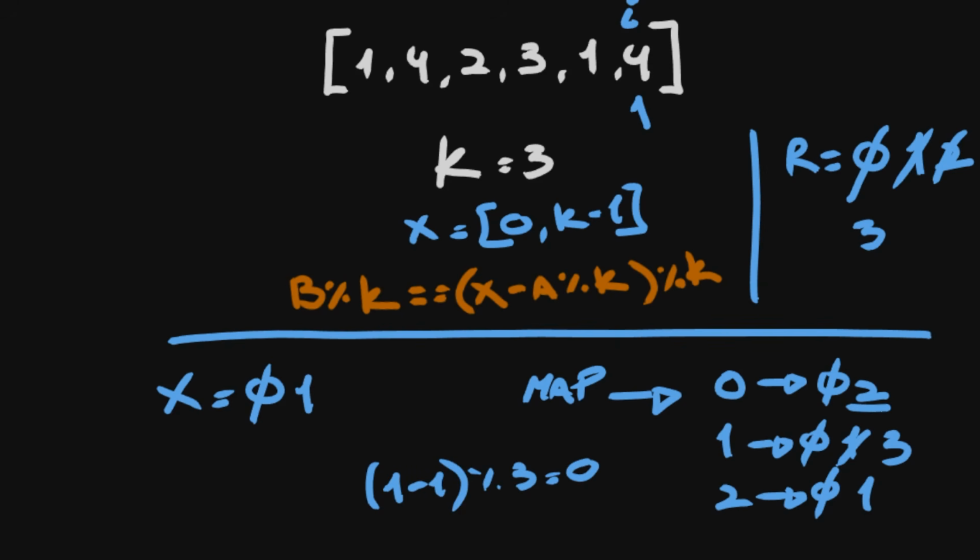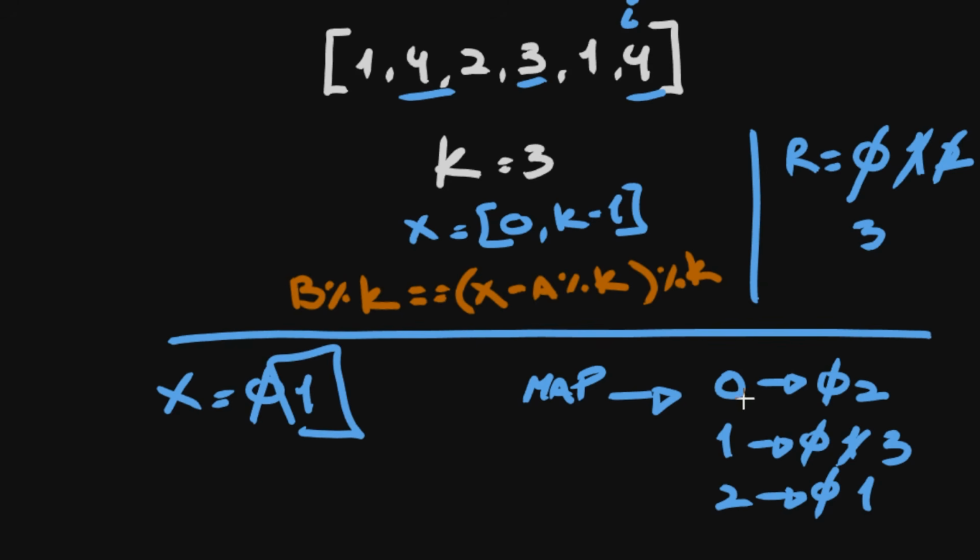So we take 2 plus 1, meaning 3, and we put 3 here. We already have a 3, so we continue. Remember what this means is this is a valid subsequence. 4 plus 3 is 7, modulo 3 it's 1, and 4 plus 3 is 7 again, modulo 3 it's 1. We are looking for results with 1, so that's why this is a valid subsequence, meaning 4, 3, 4 is a valid subsequence.